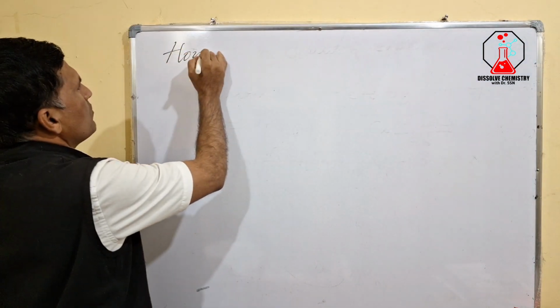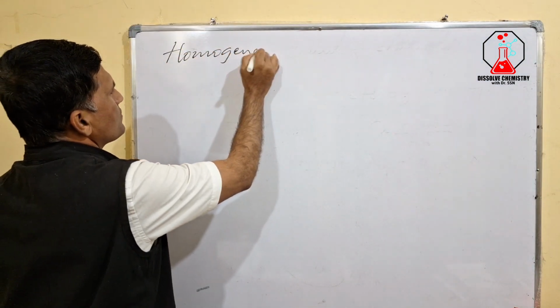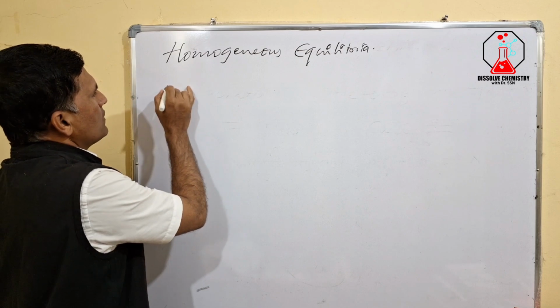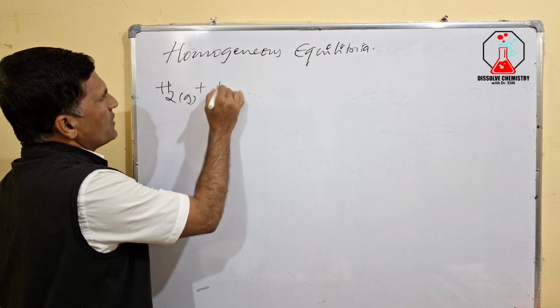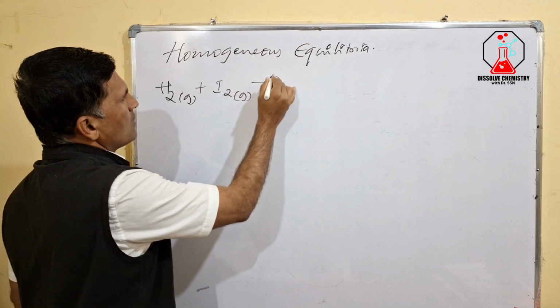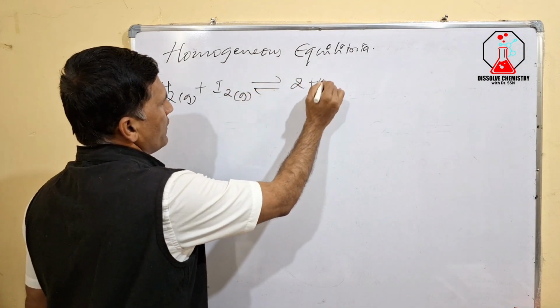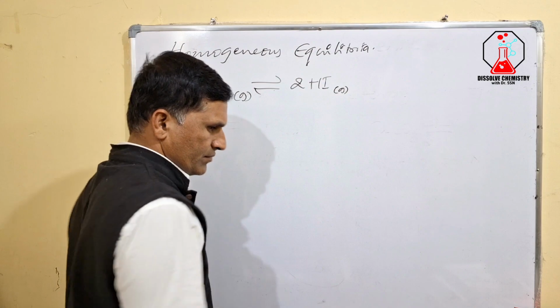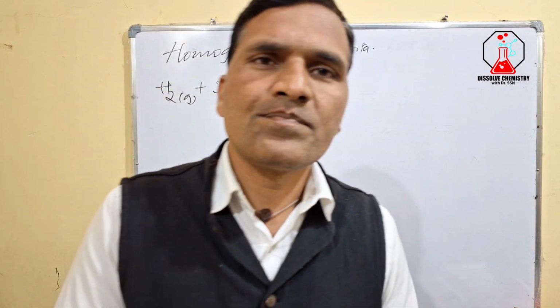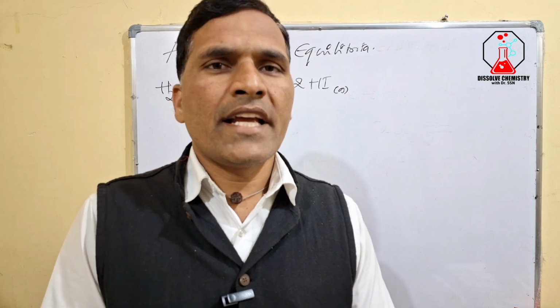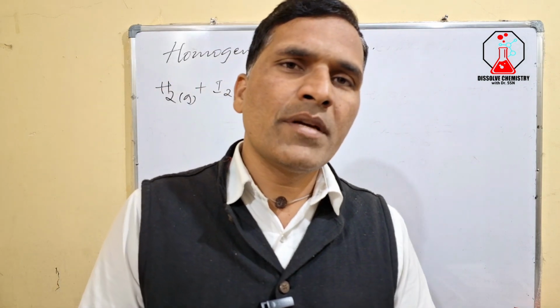Homogeneous equilibria. For example, H2 gas combines with I2 gas to give 2 moles of HI gas. How do we express this in terms of the law of chemical equilibrium?